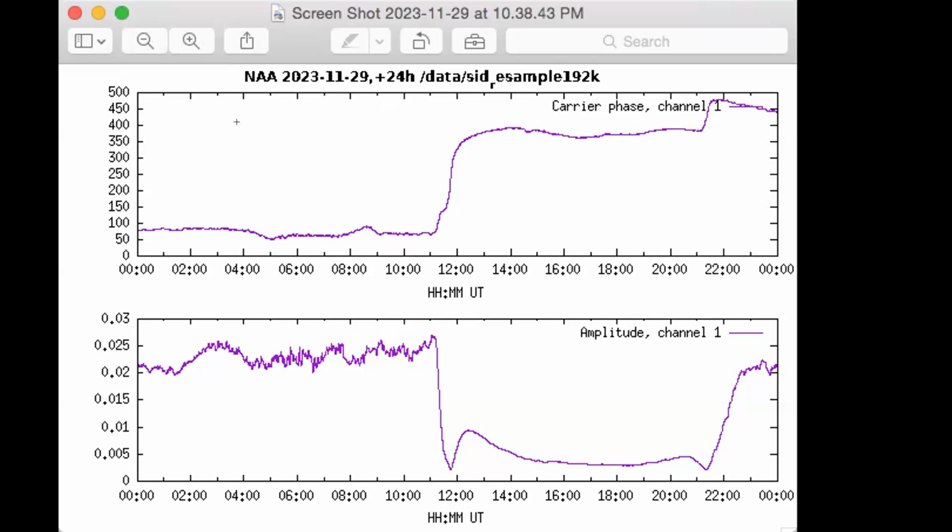This looks like the typical phase plot that you would see. It's stable during the day and night, and during the dawn and dusk transitions, you see the instability.